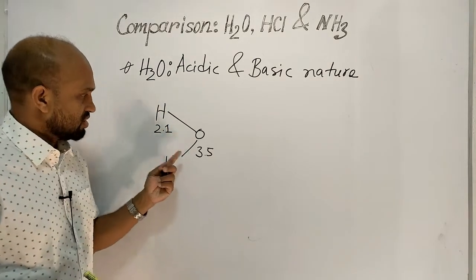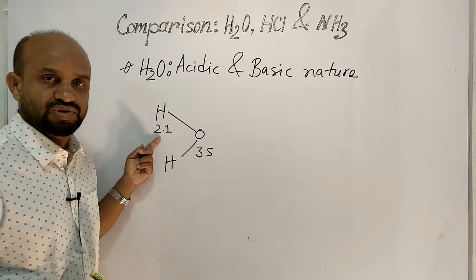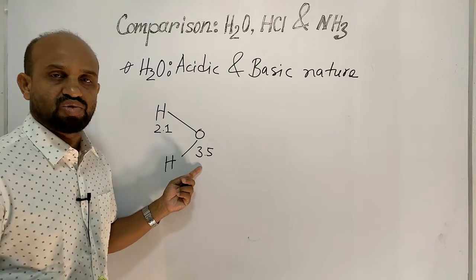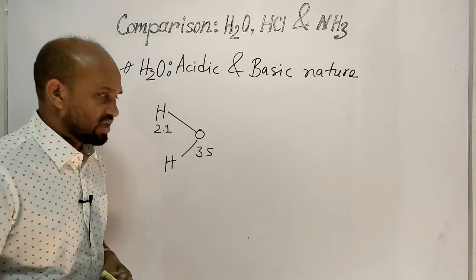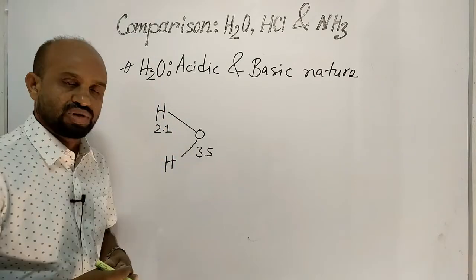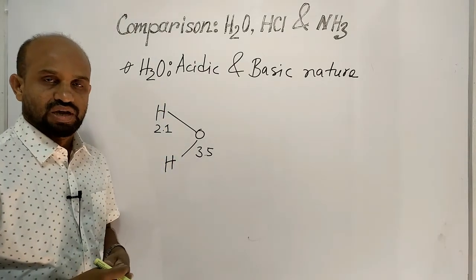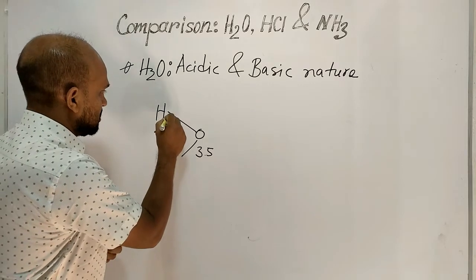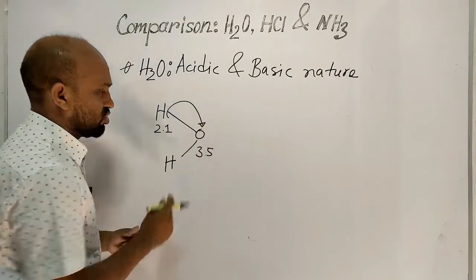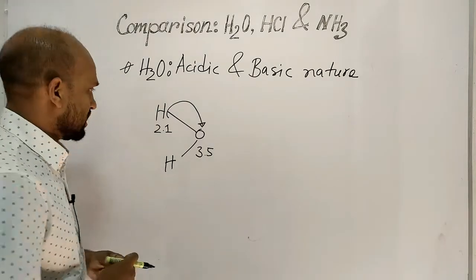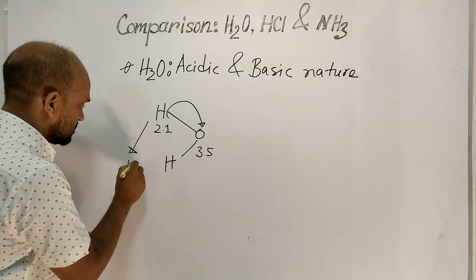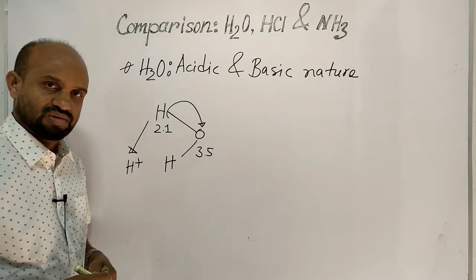So in water, the electronegativity difference between hydrogen and oxygen is quite high, and for this reason the hydrogen-oxygen bond is polarized, and at one stage this hydrogen-oxygen bond breaks in heterolytic fashion, and hydrogen is released as a proton.